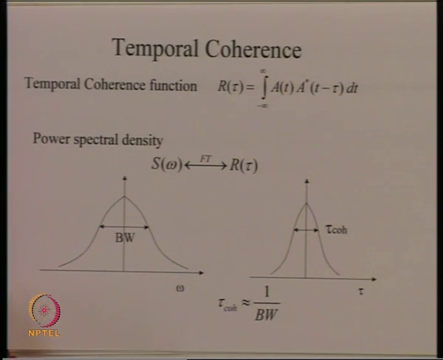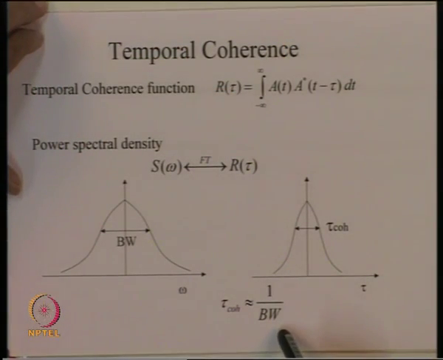So, now you can ask a question, why do you actually require coherency in your radiation. And what we say is that since the dispersion is related to the spectral width of the source, we have seen that the intramodal dispersion or chromatic dispersion is directly proportional to the spectral width.